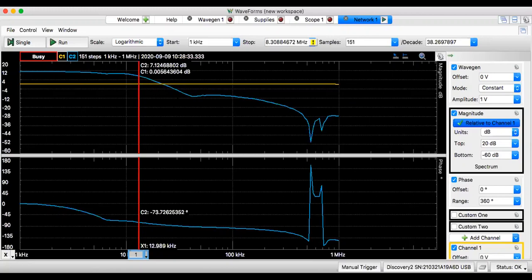So it only works for an input frequency of 13K or less. So that's good for audio. For audio, that's no problem. Our human voice generally is below 6K.